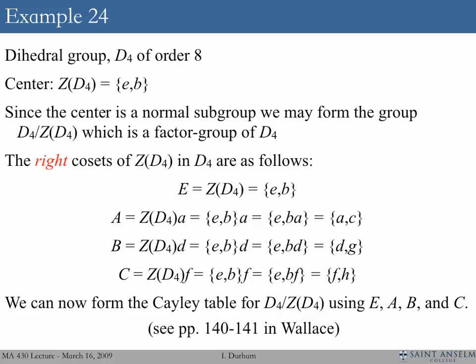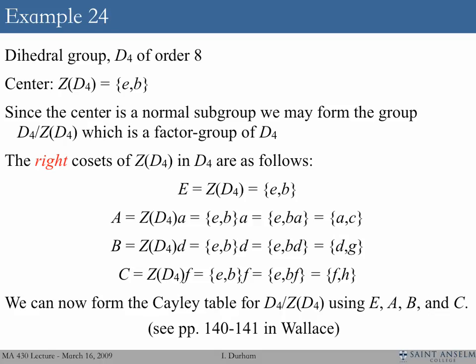And as we've looked at before too, from that same thing, the center of the group are the elements E and B. So here's where we get into some interesting things. First of all, it turns out that the center is a normal subgroup.